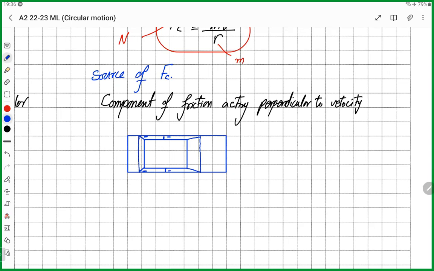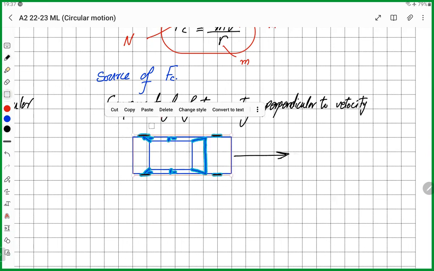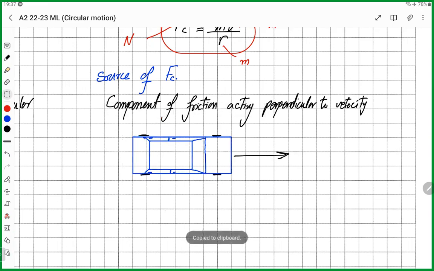This is the car when it is moving on a straight path. These black lines are showing the tires. What if we turn the wheel? What happens?